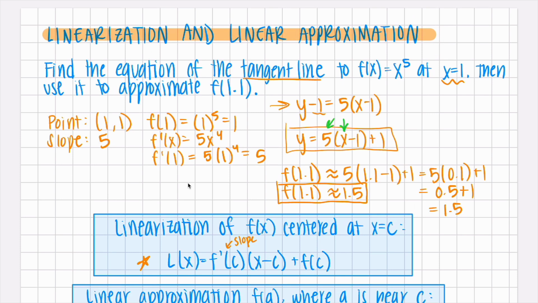My x minus c right here is just this x minus 1. And then this f of c is just the f of 1 right here. So as long as you know that linearization is the same thing as saying find the equation of the tangent line, you do not need to memorize this formula. This is just a tangent line.